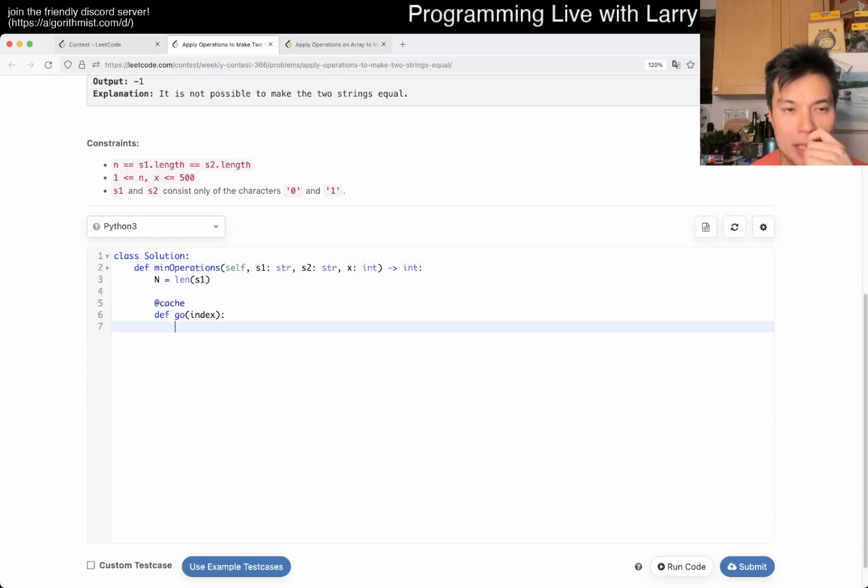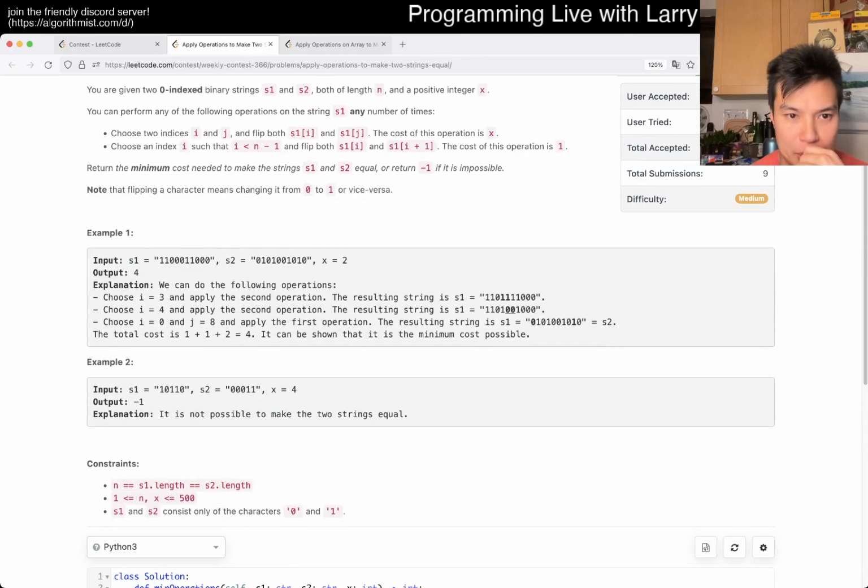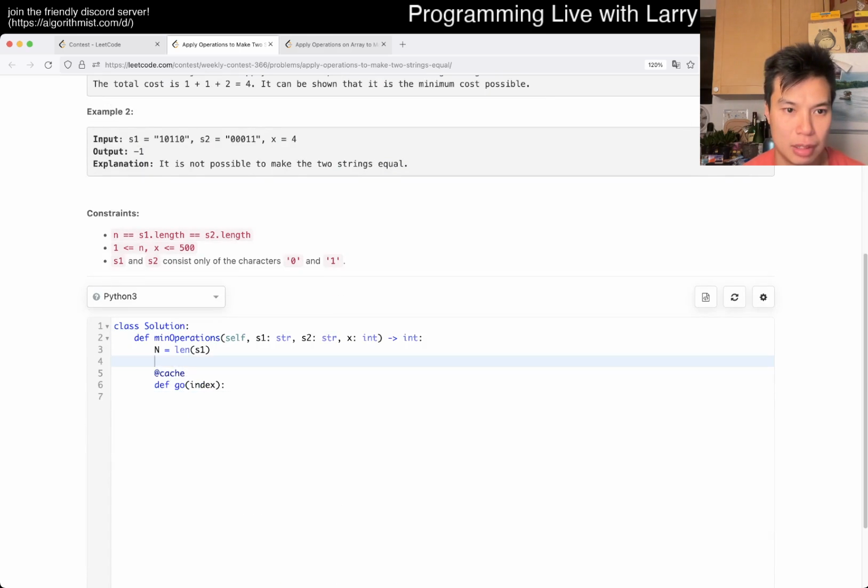It is DP, but I have to be careful. I have to make sure that I prove the thing. So if it's 1 and it's 0, then you have to swap with a 0. Otherwise, but if it's 0 and this is 1, it's probably fine because, by definition, you're going to get swapped in the future, maybe. Okay, let's try that. I don't know if that's true, but we'll try it.